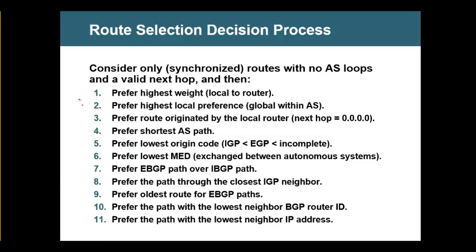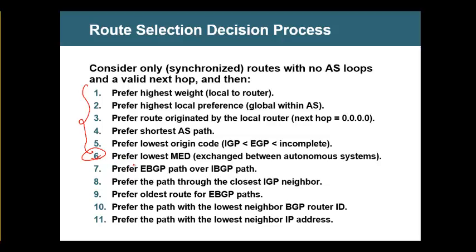If there is tie in all this, and then when you have multi-home, no, sorry, not multi-homing, dual homing, only then this will come into picture. When there is tie in all the above and you also have a dual home, now router will check whether I am receiving any MED from my neighbor autonomous system.